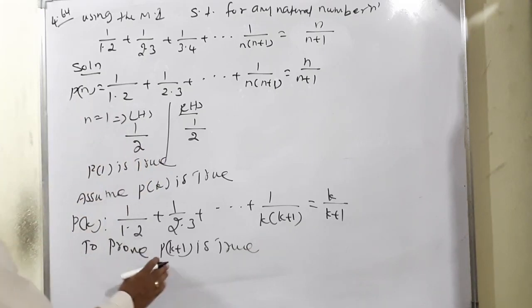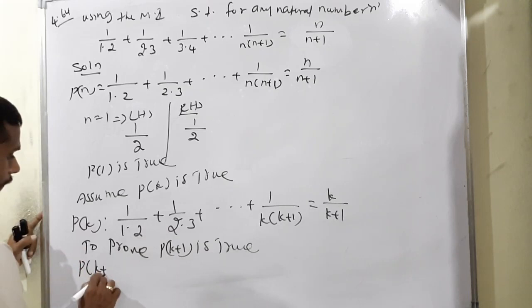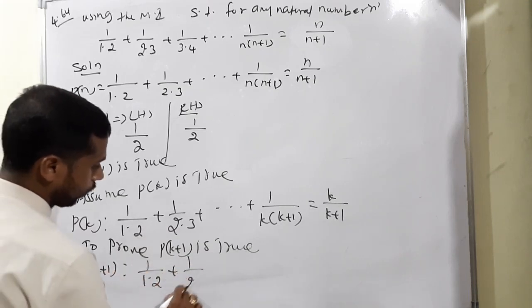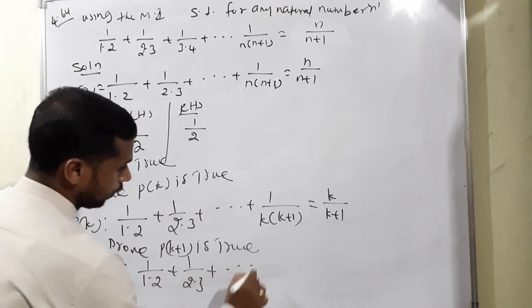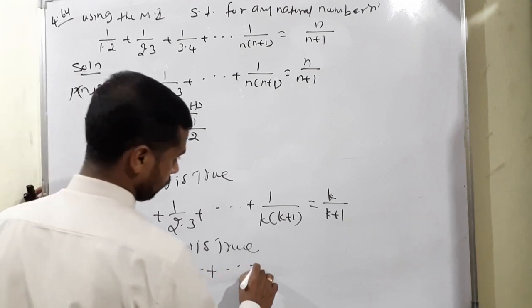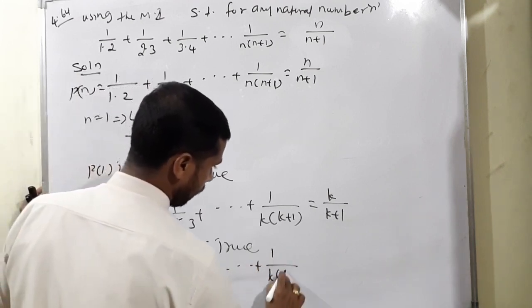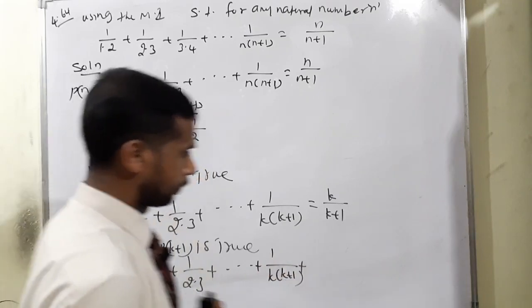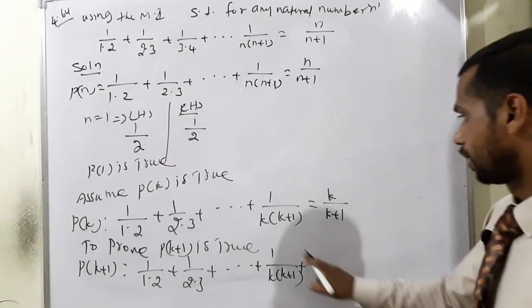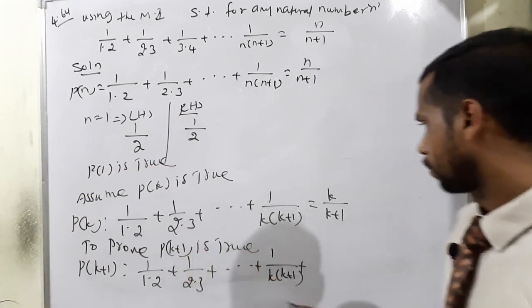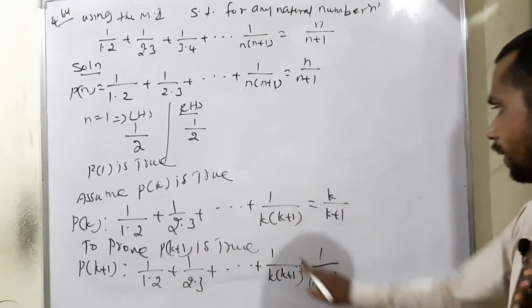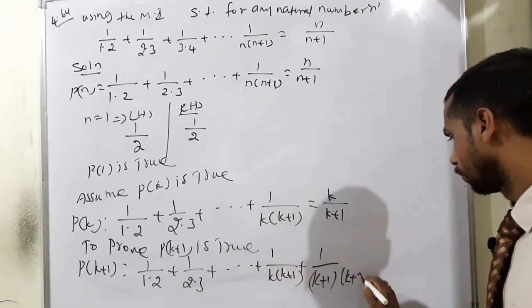So to prove P of k plus 1 is true, here P of k plus 1 is 1 by 1 into 2 plus 1 by 2 into 3 dot dot dot 1 by k into k plus 1, isn't it? Then plus, instead of k we have to take k plus 1, 1 by k plus 1, and inside we can write k plus 2.